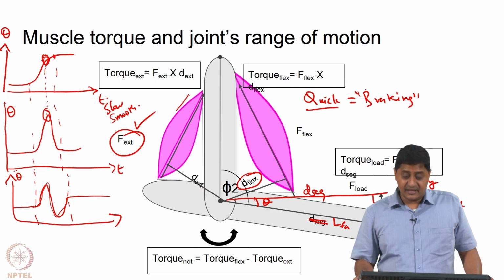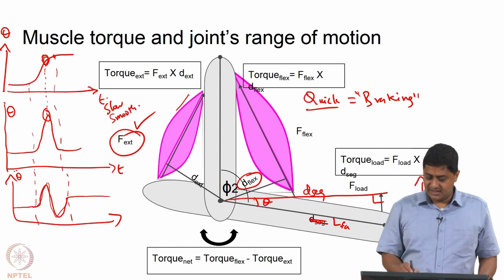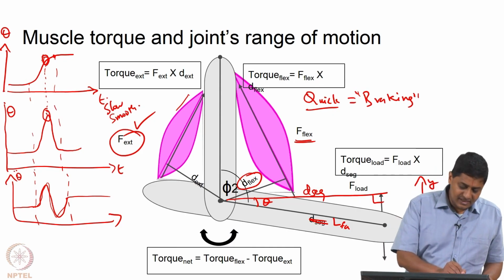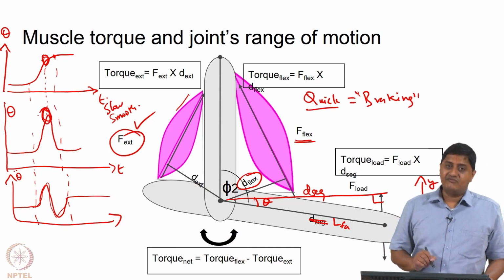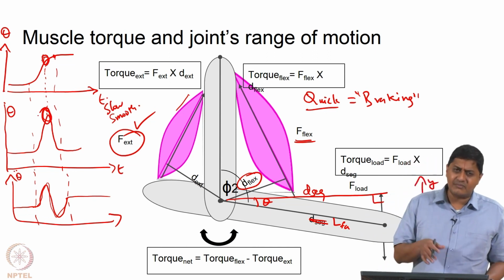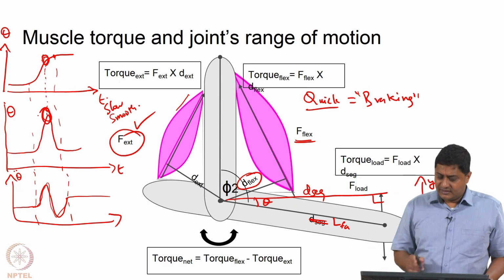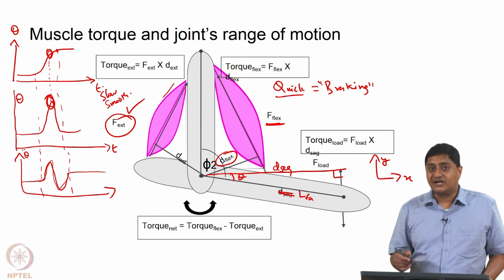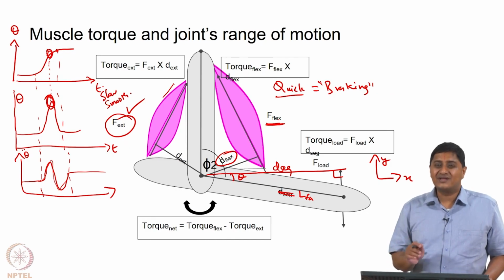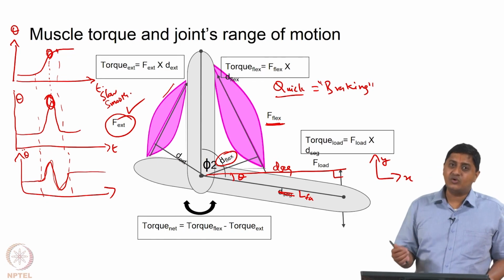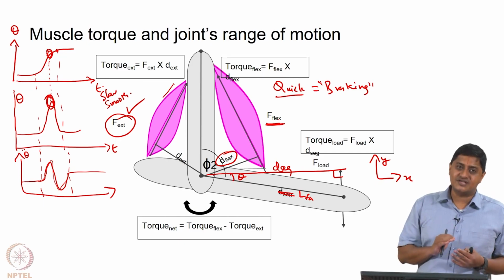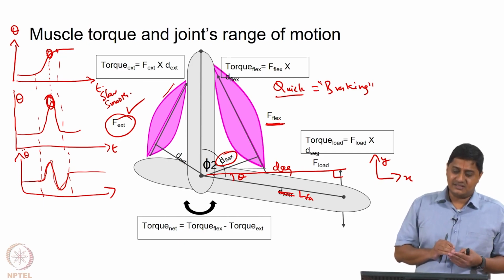Now that is achieved in this case by the combined action of two muscles. At around the time when the velocity peak is reached, or sometime before or after, the antagonist, which in this case is the flexor muscle, starts getting activated and applies a brake. So, there is co-activation of the antagonist for a brief amount of time during the movement, that essentially reduces the effect that the agonist has.